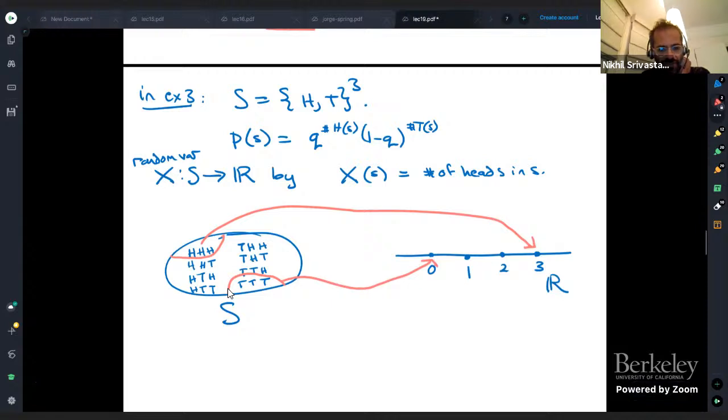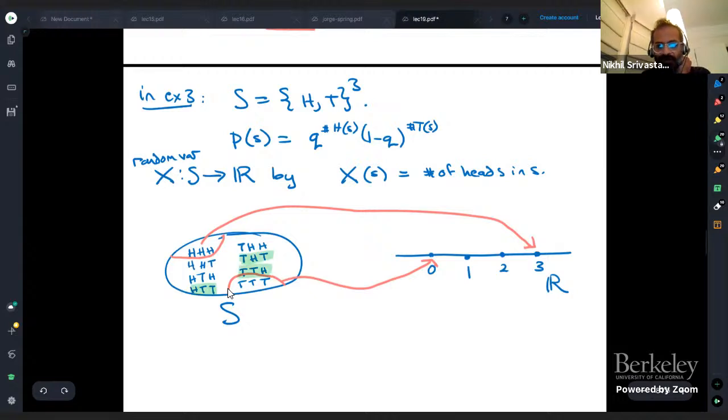And then let's see, what are the ones with one head? So with one head, there's some ugly looking set here. Maybe I should have written it a slightly different way, but let me just highlight these. The green ones are the ones with one head. So that's this, this, and this.